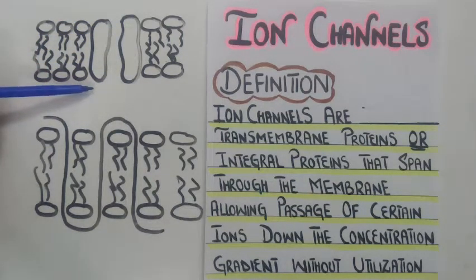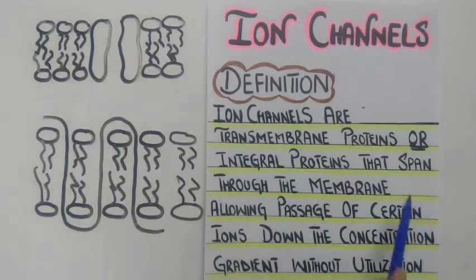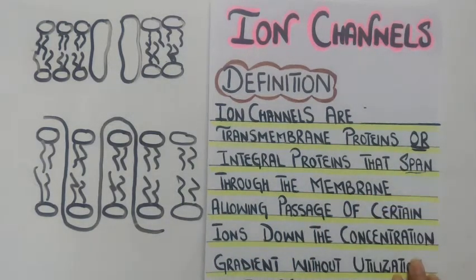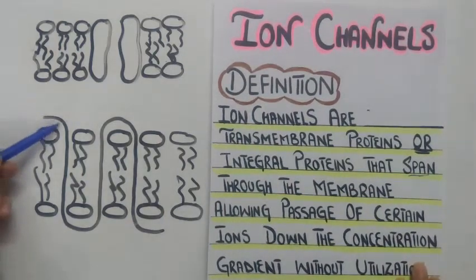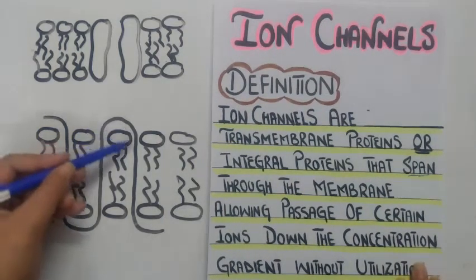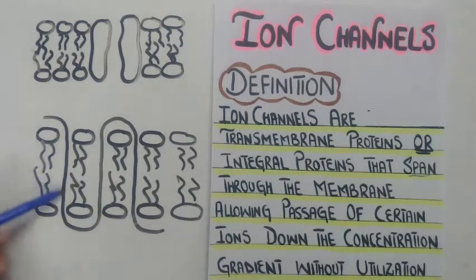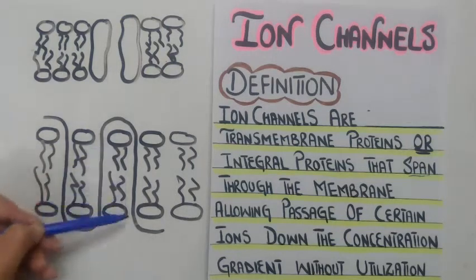Integral proteins are those proteins that are embedded in the cell membrane and protrude all the way through the lipid bilayer. These integral proteins span through the cell membrane. This kind of arrangement of the proteins in the cell membrane is called spanning.